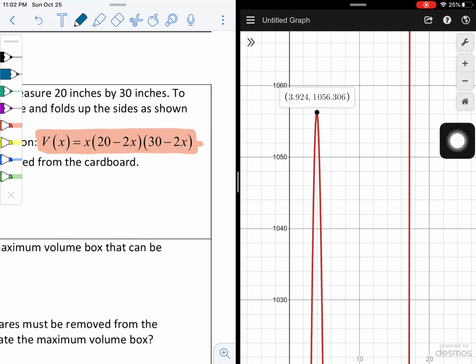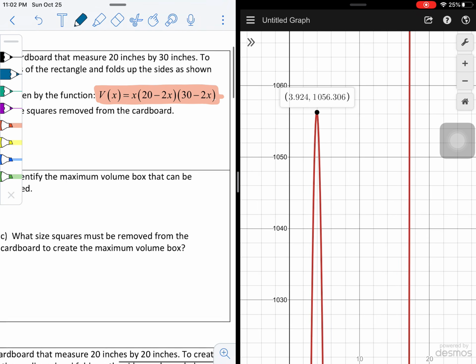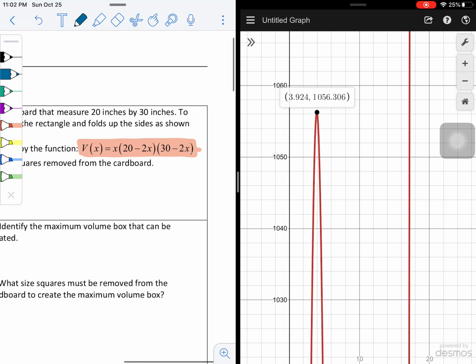Okay. Now, that point I need to translate into valid information. Like, what makes sense here? So when we look at this information for our function, we have a v of x function, and we have x. So every point is x, v of x on our graph.